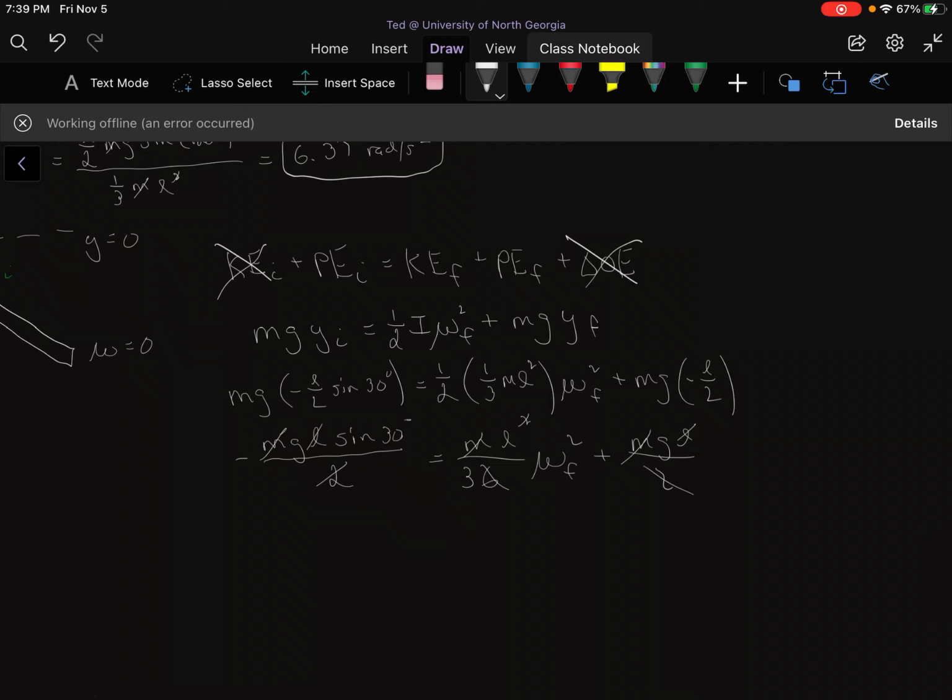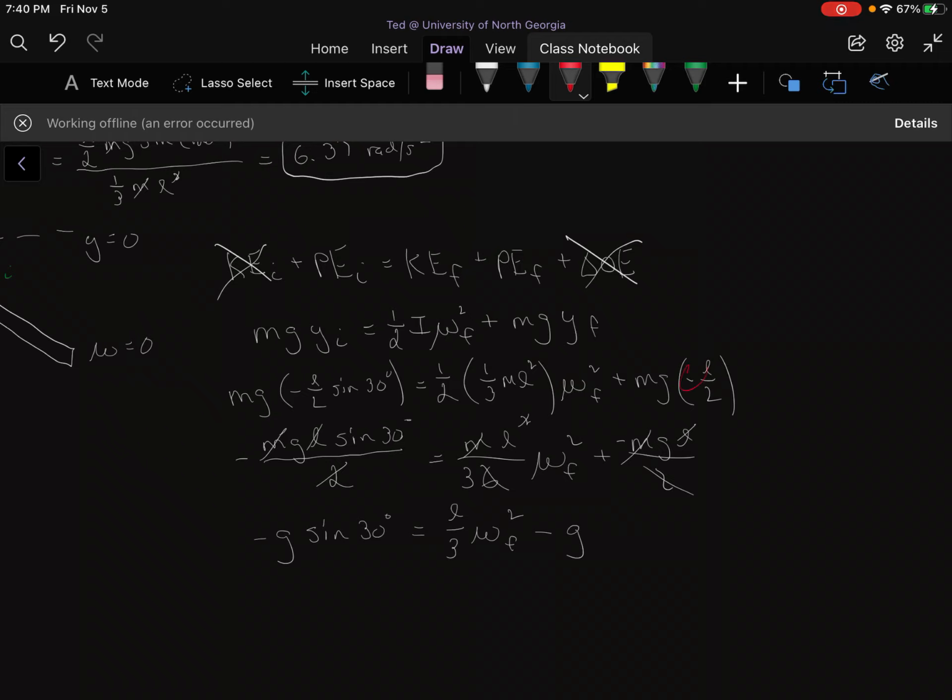Well, let's see where that leaves us. Minus g sine 30 equals L over 3 omega final squared. I seem to have missed a minus sign. Minus g.